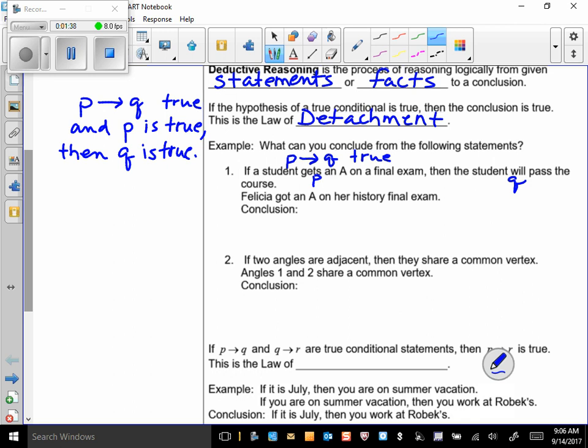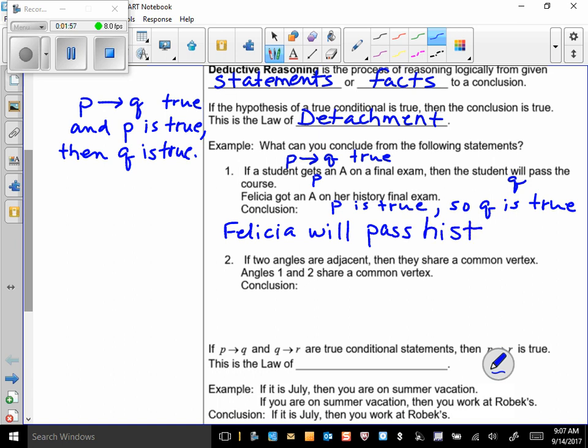Felicia got an A, so P is true. Therefore, we can conclude that Q is true. So Felicia will pass history. That's as simple as it is to use the law of detachment.